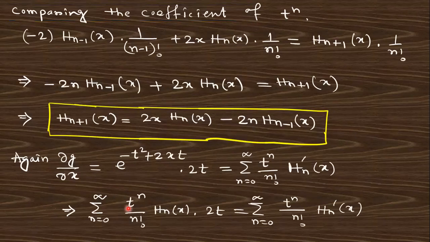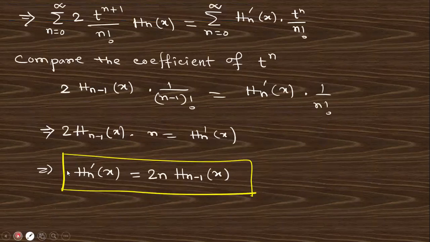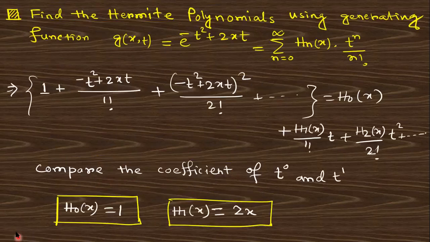So just put this summation form and then compare the coefficient of t to the power n, and we get this relation. Since we want t to the power n, you need to put n equals n minus 1 here, and here n equals n. Then you will get the relation between H_n prime and H_(n-1). Okay, this is another important relation. Using these two relations, we can find another property.